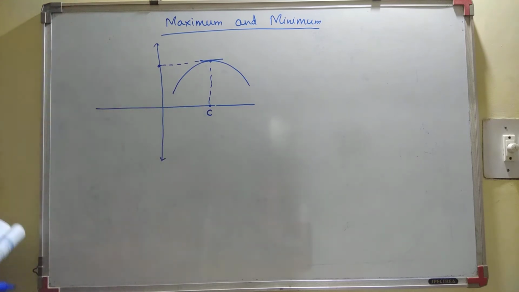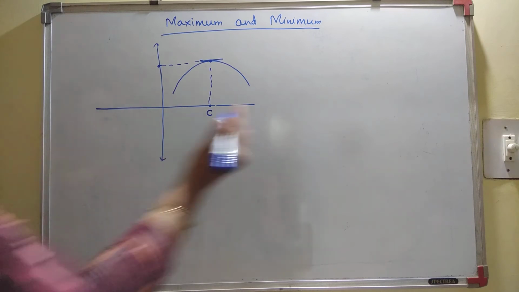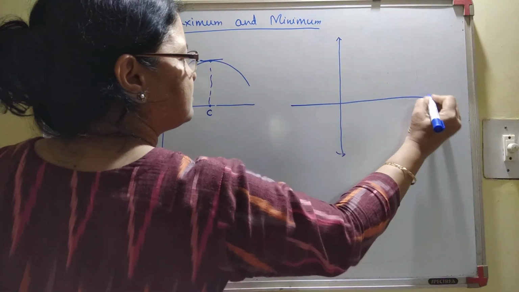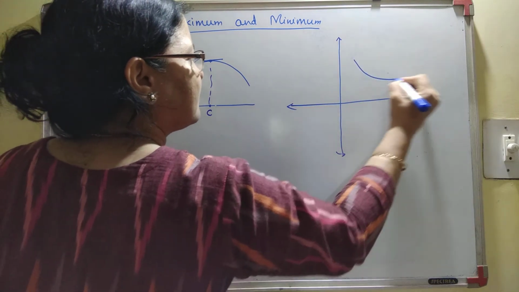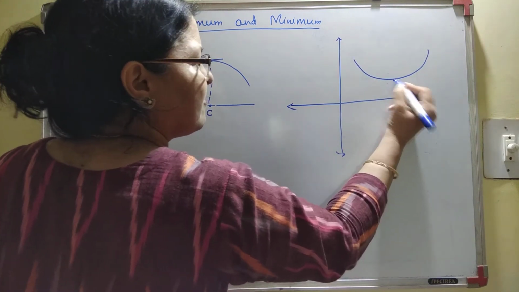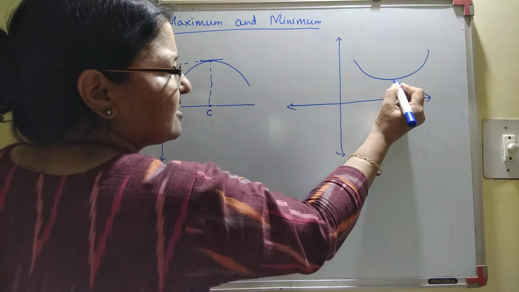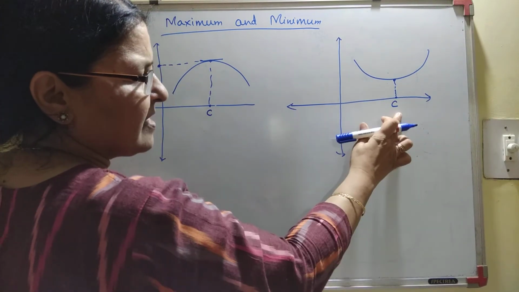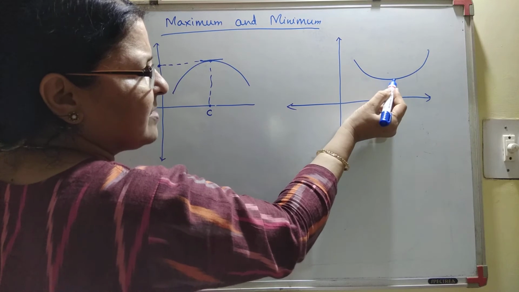These graphs are already drawn on page number 220, so you can understand what exactly it is. Suppose I draw it this way, then this is the point of local minima. Here we can take C as the point where it is local minima, and this is the minimum value.